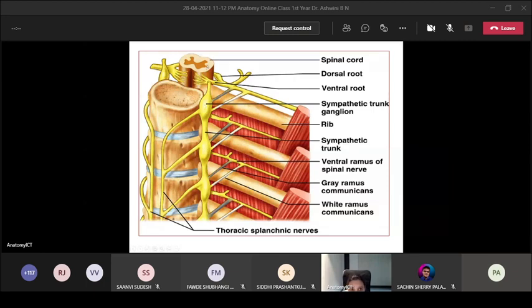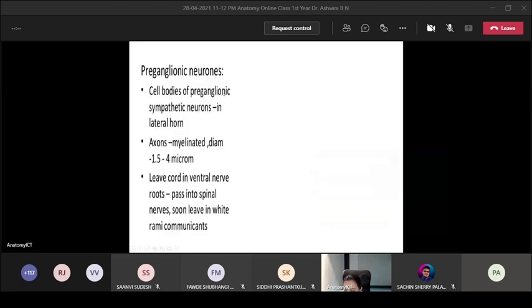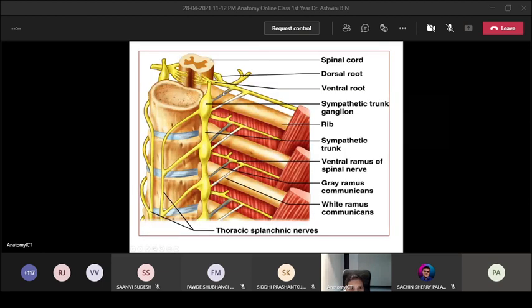From this lateral horn, we get the preganglionic sympathetic fibers. They pass through the ventral root and through the white ramus communicans. See, this is the white ramus communicans, which is white, and this is the grey ramus communicans, which is grey colored. The fibers from the lateral horn pass through the ventral root, then through the white ramus communicans.